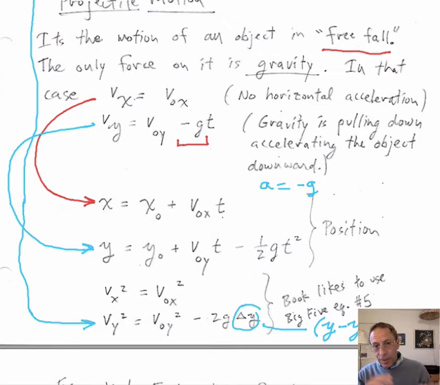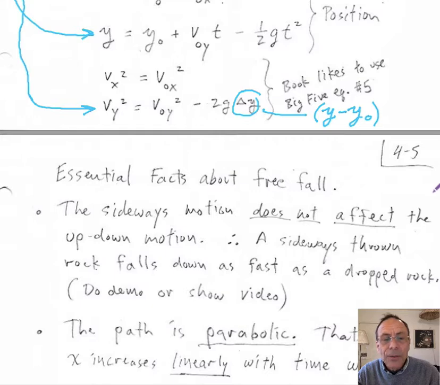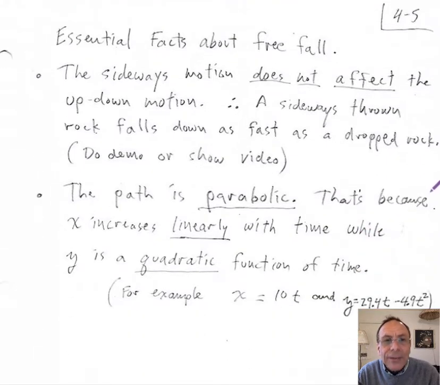Okay, so now we have just barely set up projectile motion and the math that it involves. And there's a lot more stuff to talk about. And so what I think I'll do is talk about some of the essential facts of free fall. So the first fact is that we've separated the up and down motion from the left and right motion. So the sideways motion has no effect on the up and down motion.